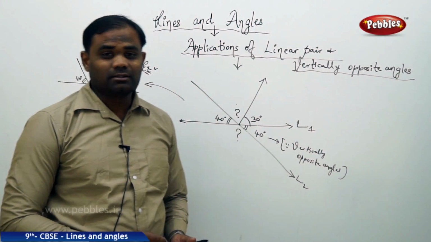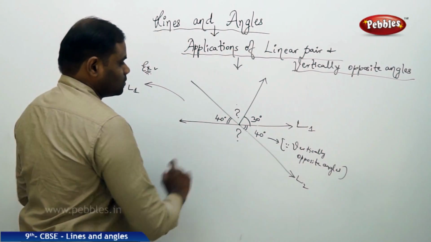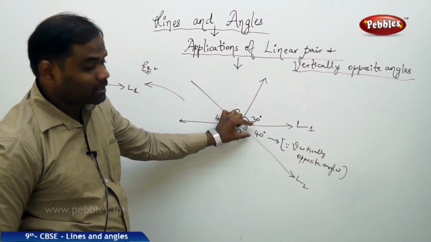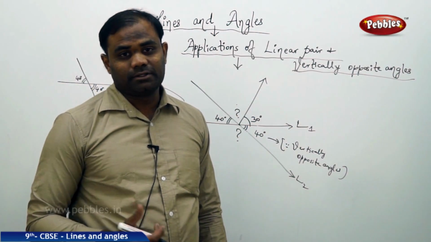Sum of each of the angles must be equal to 180. So angle this plus angle this plus angle this must be equal to 180.